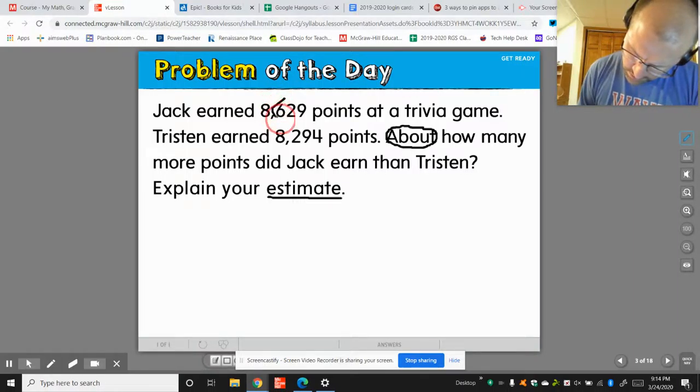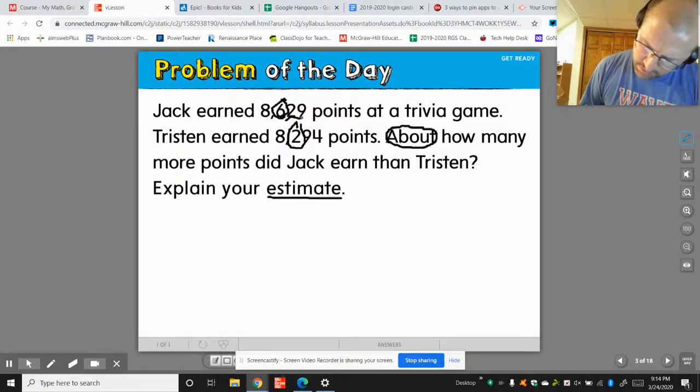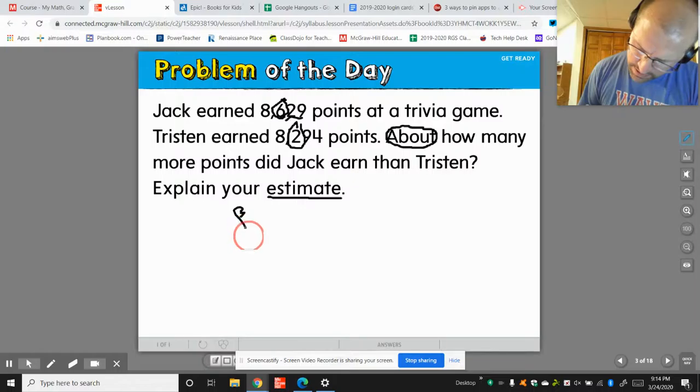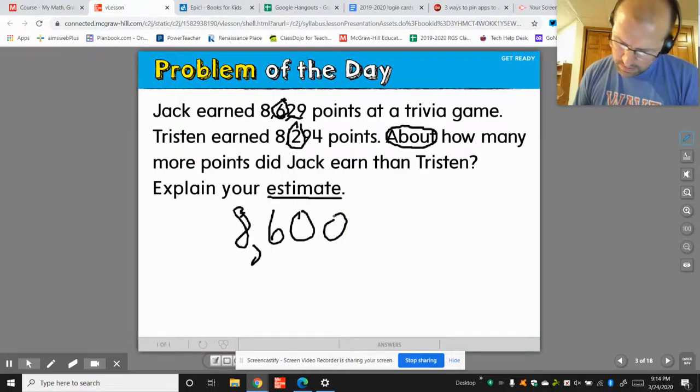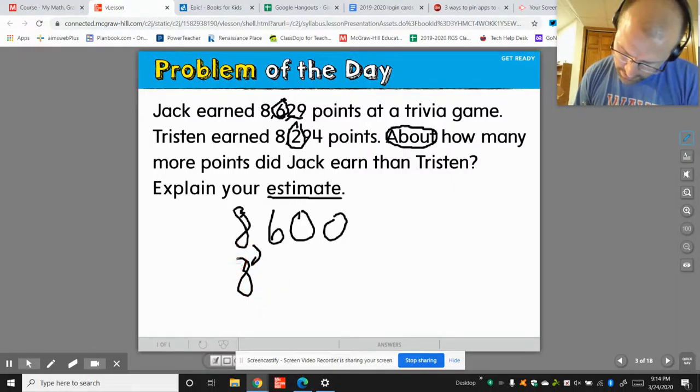Let's circle the hundreds place in both, and the numbers to the right will tell us what to do. The 2 in Jack's total tells us to round it down to 8,600. The 9 in Tristan's total tells us to round down, or actually round up, pardon me, to 8,300.